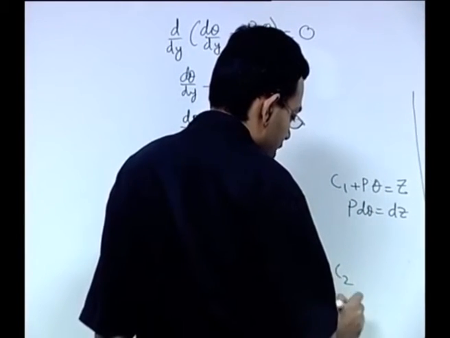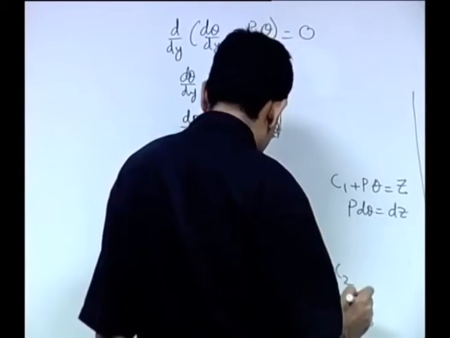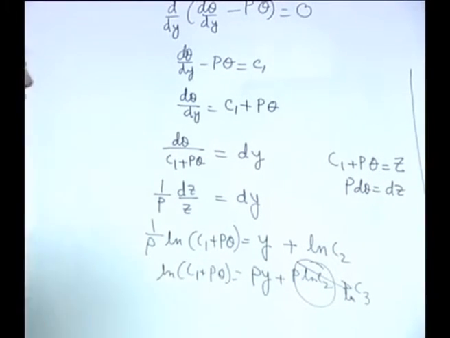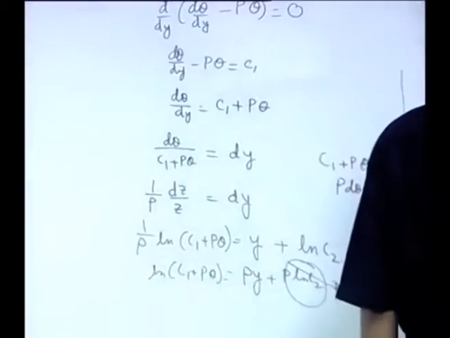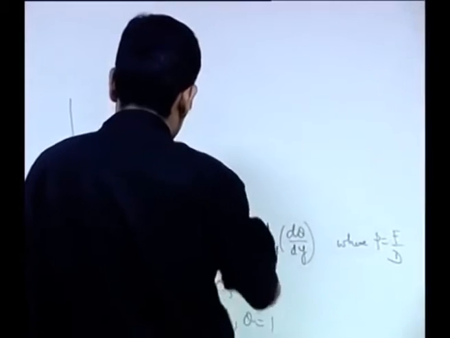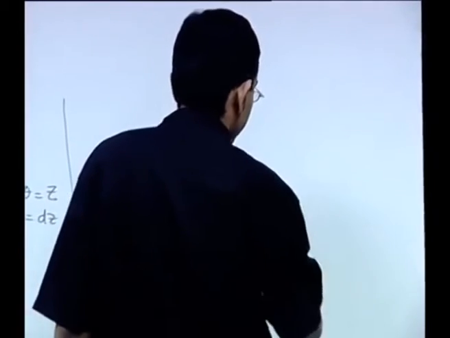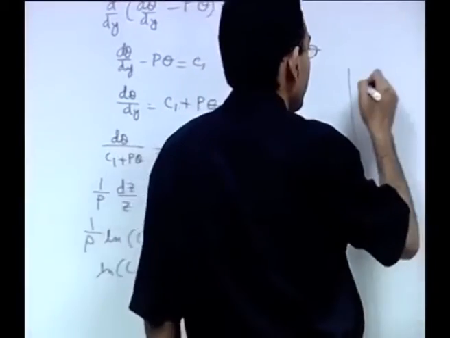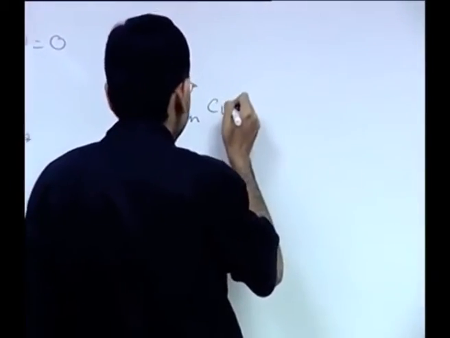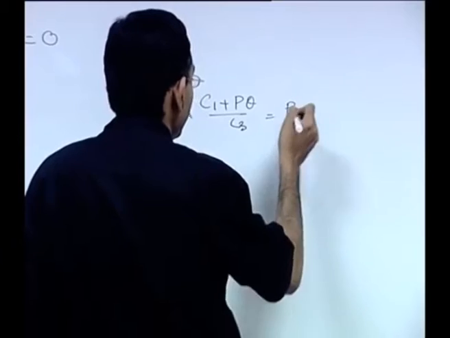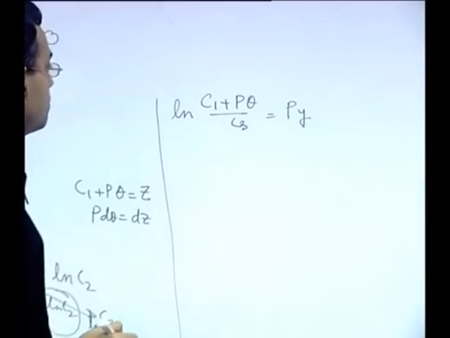So, P ln C2 we can call as some ln C3. So, ln of (C1 plus P theta) by C3 is equal to Py.